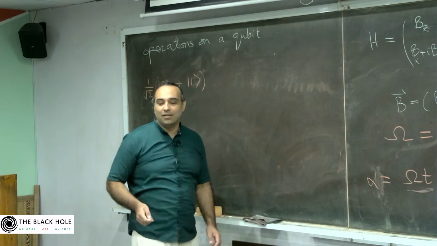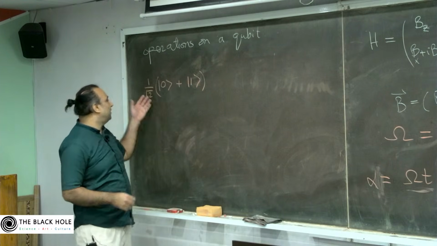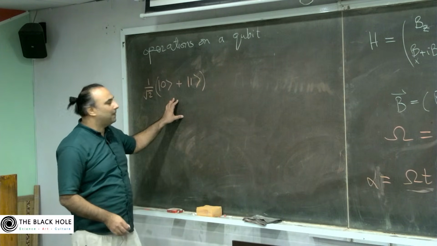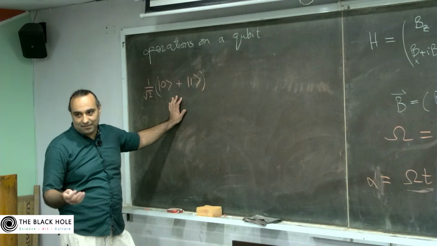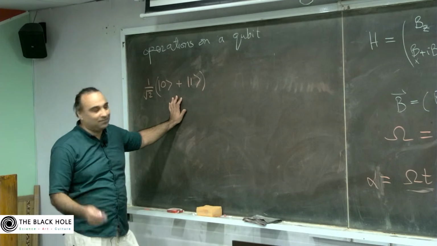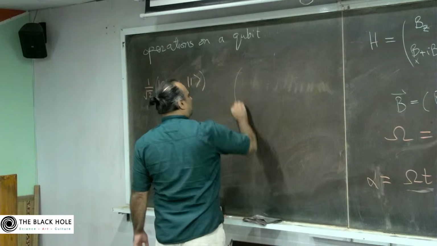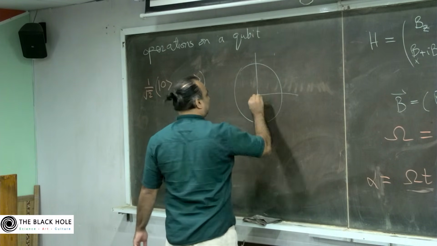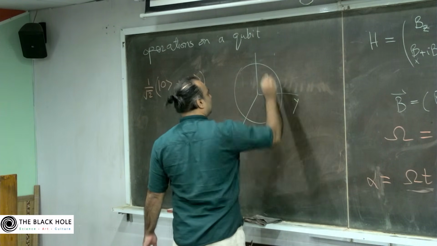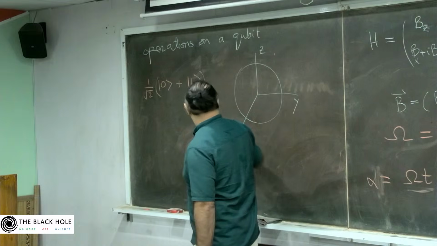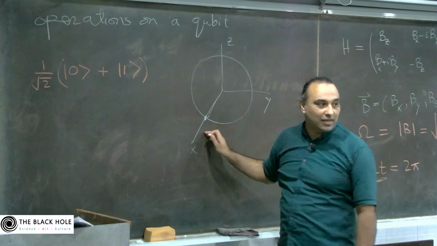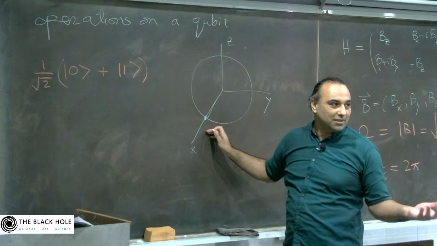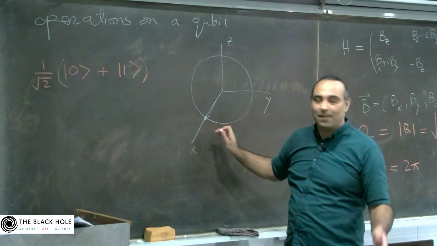So if you measure a component along, if it's a spin, then this would be like an eigenstate of Sx with eigenvalue plus 1. Okay. So on the Bloch sphere, this state is like this point along x. Okay, so its Cartesian coordinates would be 1, 0, 0.